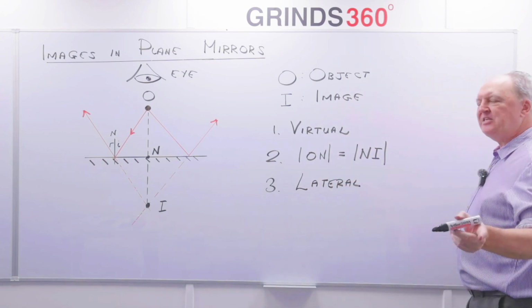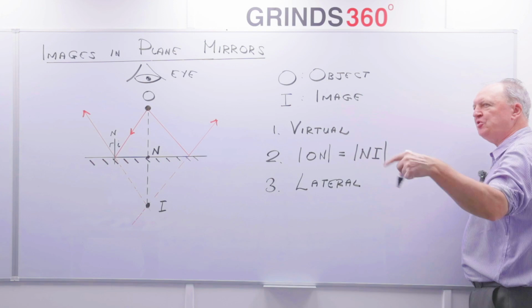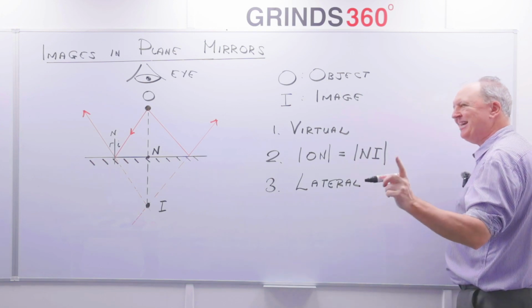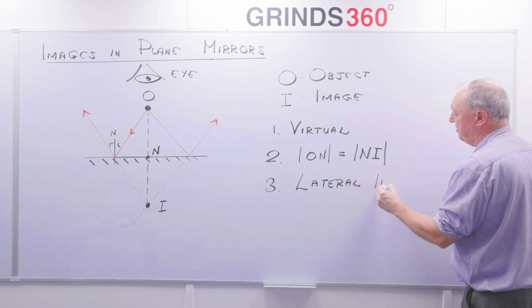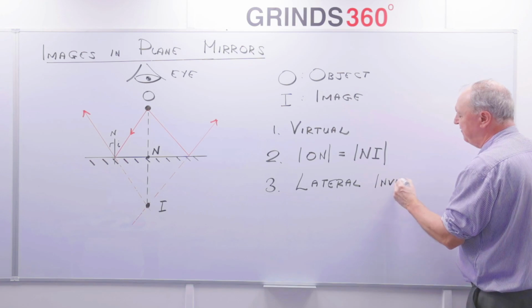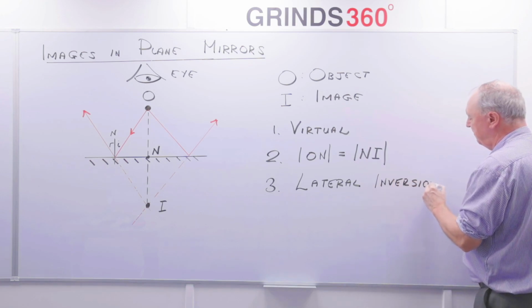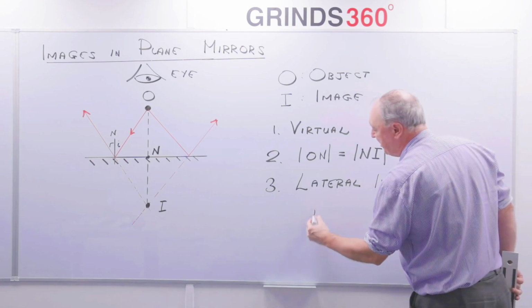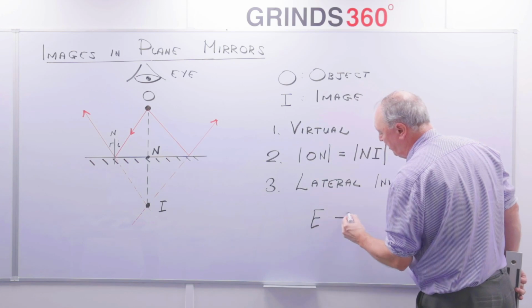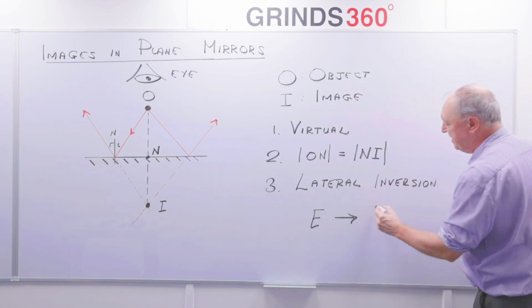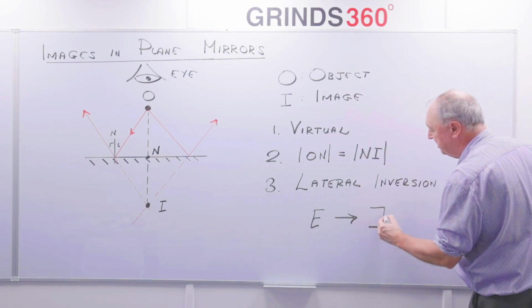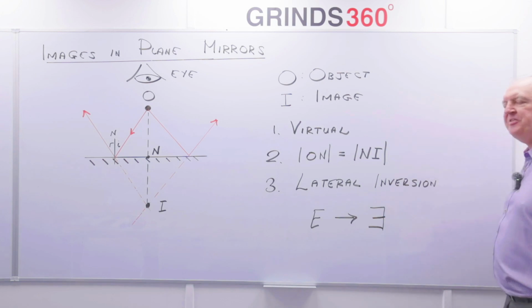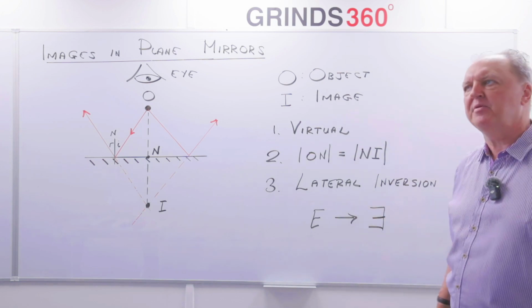When you look at writing in the mirror, the writing doesn't go upside down, but it gets sideways turned around. That's called lateral inversion. For example, if you look at the letter E, and you look at that in a mirror, the E appears like that. It's not upside down, but it's sideways turned around.